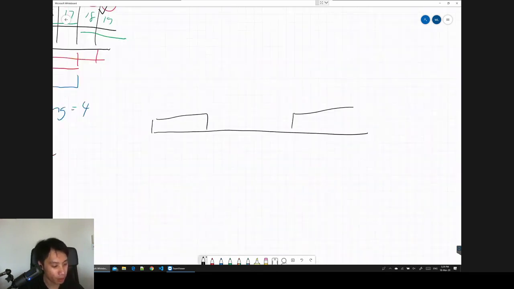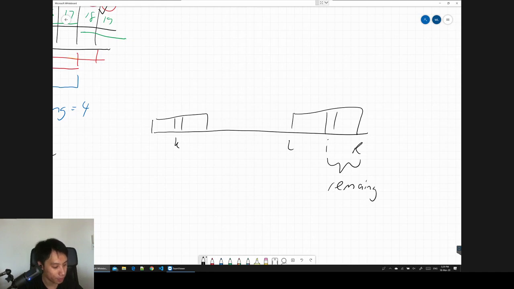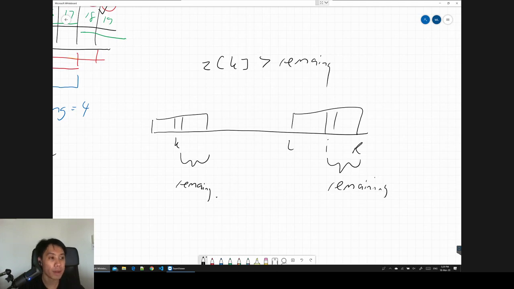I have a Z box, I have my L, I have my R. Here will be my K. My remaining will be here, and remaining here also will be my remaining. What I know is Zk is greater than remaining. So what happens if Zk is greater than remaining?